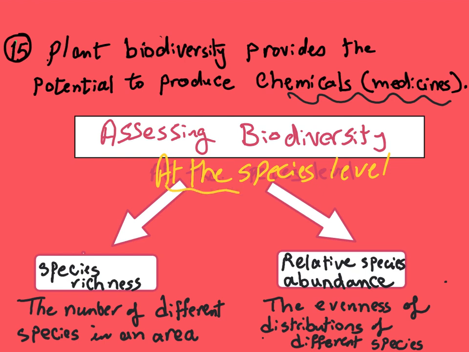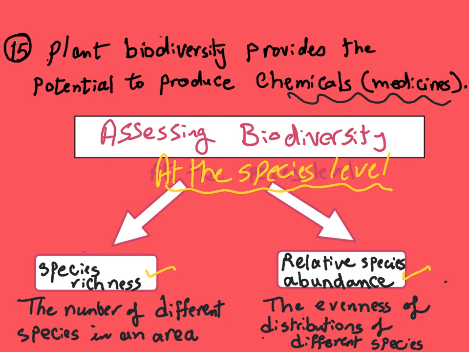If we are looking at the species level, we have two points we need to look for when we assess biodiversity. First is species richness. Secondly is relative species abundance. What is species richness? From the term, you can identify the meaning.